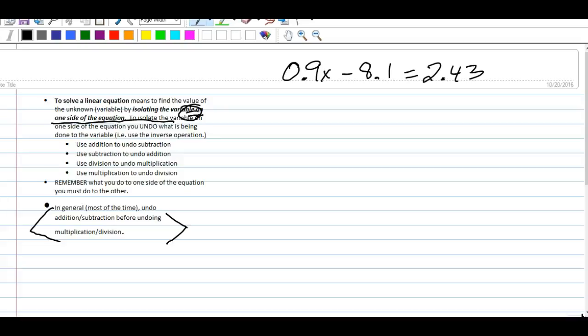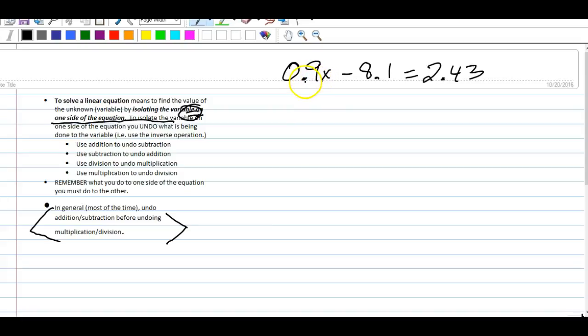So what you would do is multiply by the highest power of 10. That will make each one of the individual terms in this equation have a coefficient or a constant that is a whole number.